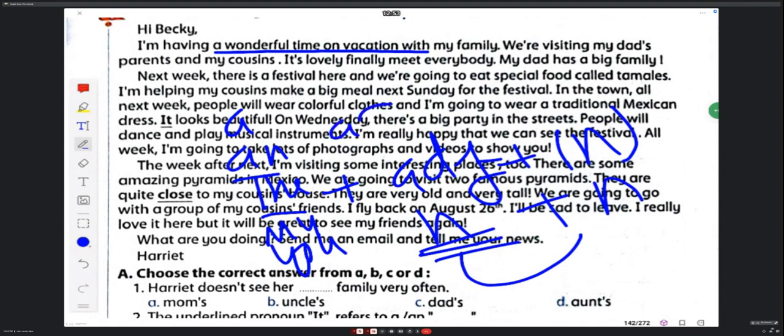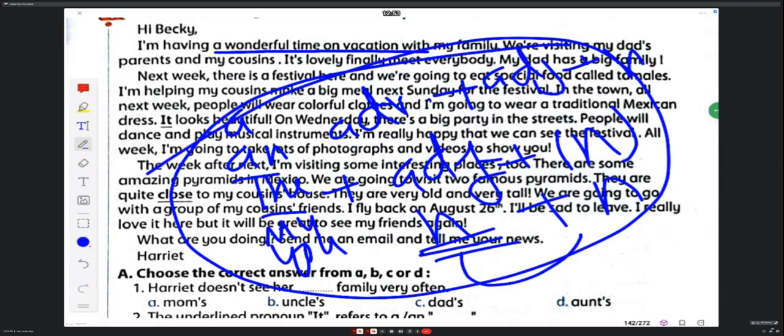Sometimes a verb plus adjective plus noun. It's in a way a phrase. So a wonderful time is a phrase.